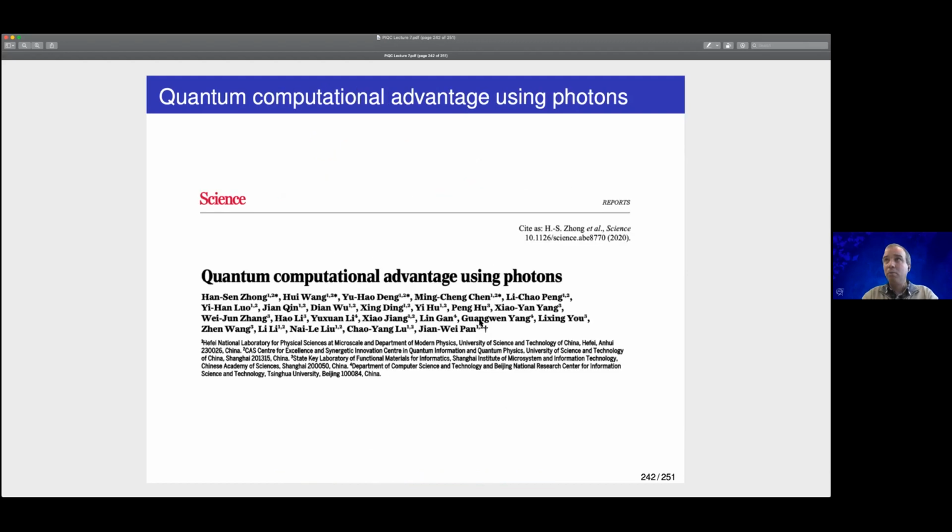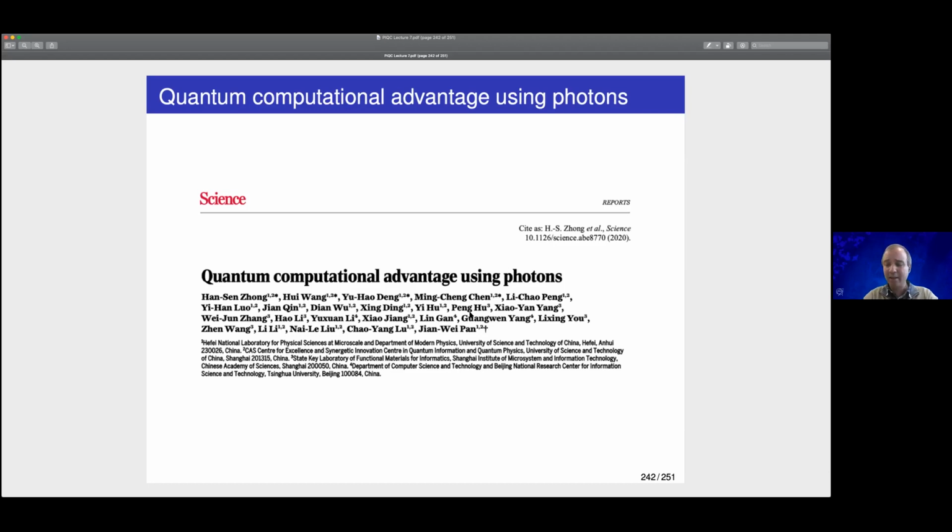I want to go quickly now because the time is running out. Some people asked me about this new announcement of quantum supremacy, or in this case, they are using advantage, but with the meaning of supremacy, achieved by several researchers at different universities and research institutes in China.